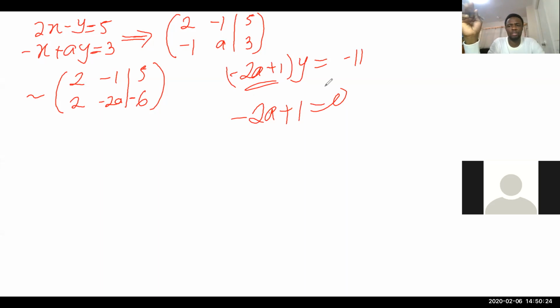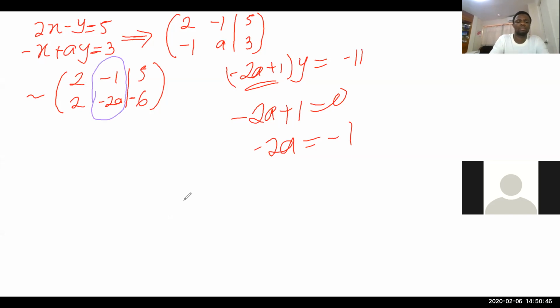Okay, so Lillian, rather than go to this, do you agree this is the same as that? Yes. So you can actually look at it from here. If there is no solution, it means you will have the same coefficient for x and y on both equations.